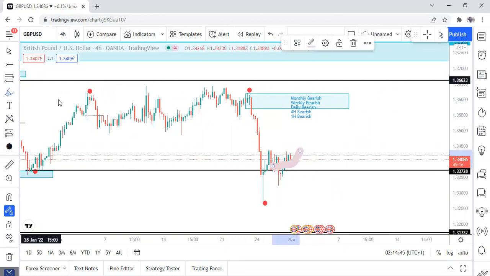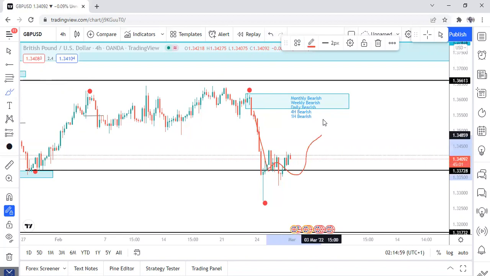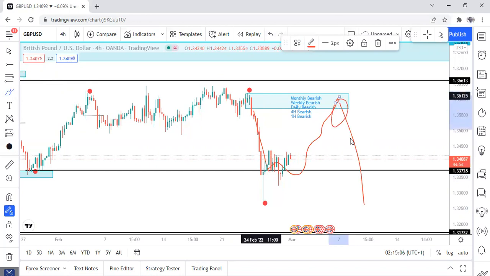Okay, this is not nice, let me change it. All right, so this move here broke structure. I'm expecting the price, after consolidating, to go around here, fill up this IFC before it starts coming down. So I'll be looking to take my trade right around these zones.